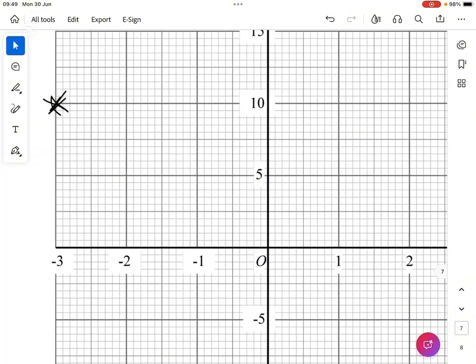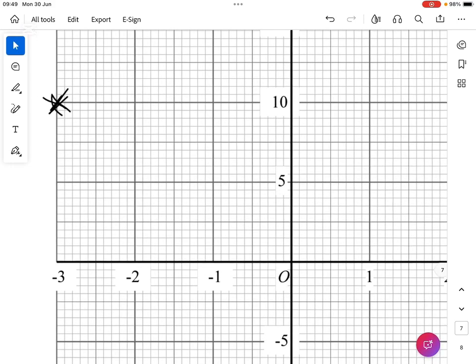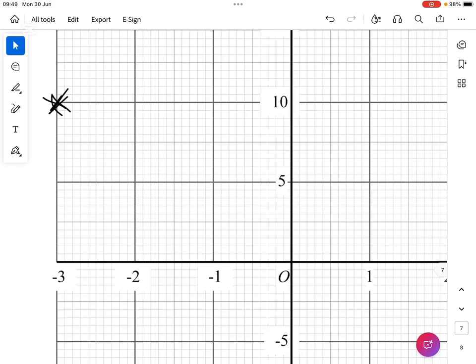So let's look at it very critically. If you zoom in, since it's 5, 5 divided by 10 is going to give us what each line is. And when you do 5 divided by 10, that's 0.5.